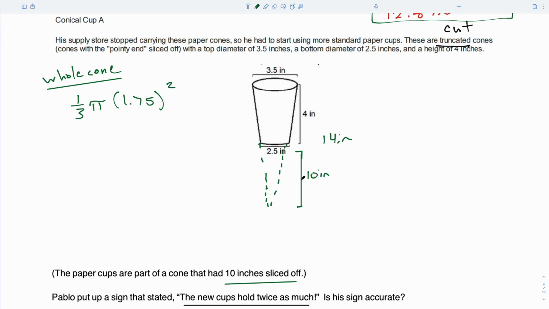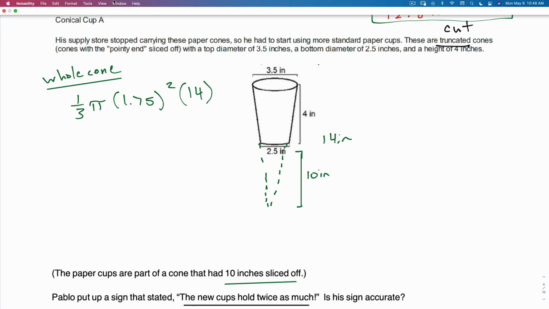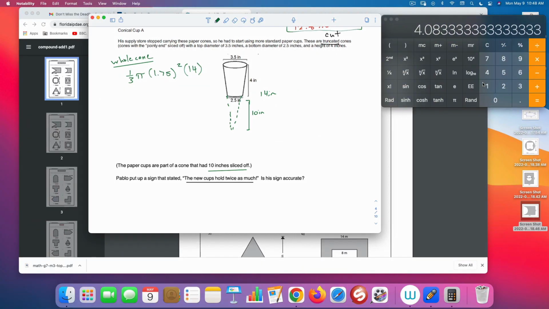And the height of the entire cone is 14. There's the formula. Start plugging it in: 1.75 squared times 14 divided by 3.